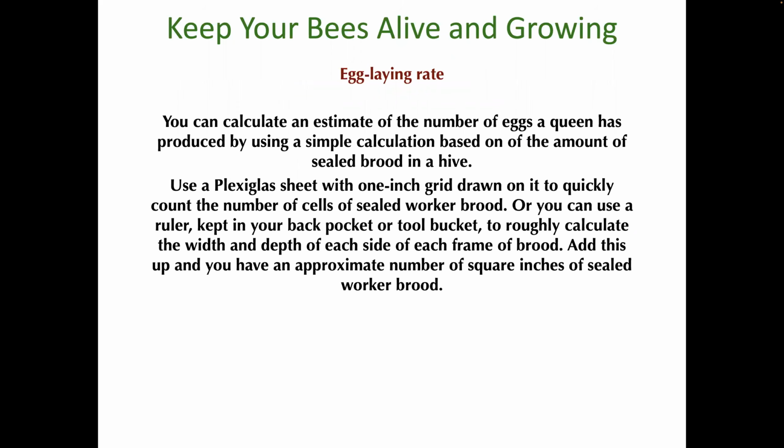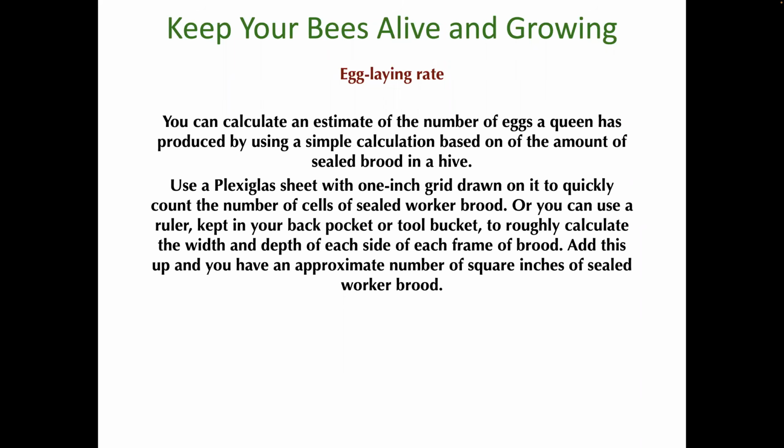But one of the first things we want to talk about is the egg-laying rate. An egg-laying rate is the number of eggs a queen produces in a day. You can estimate the number of eggs based on the amount of sealed brood in a hive. You can use a plexiglass sheet, or you can go in with a pocket ruler and calculate the width and depth of each side of both sides of a frame that has brood on it, and add them up.